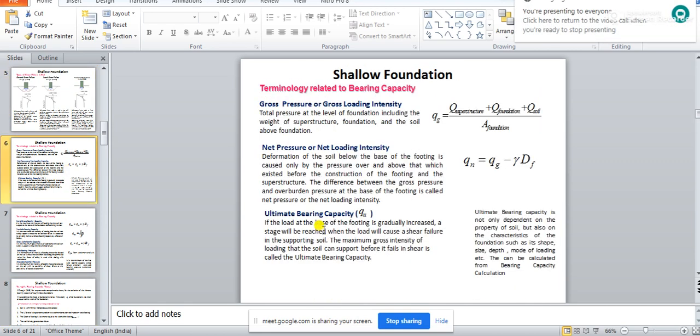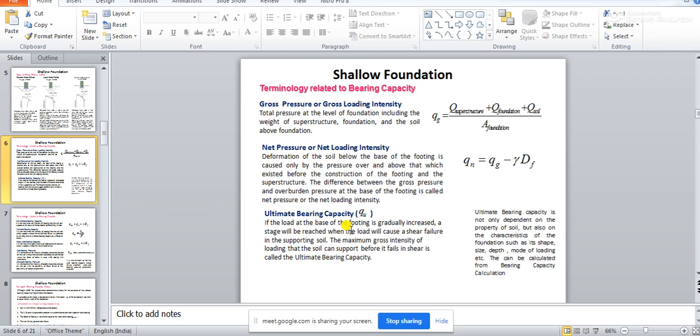So we have discussed up to ultimate bearing capacity, right? For ultimate bearing capacity, if you remember, if the load is gradually increased on a footing, then there will be an instance coming when the maximum load the footing will be able to take, and beyond any little amount of increase of that load, there will be shear failure in the supporting soil.